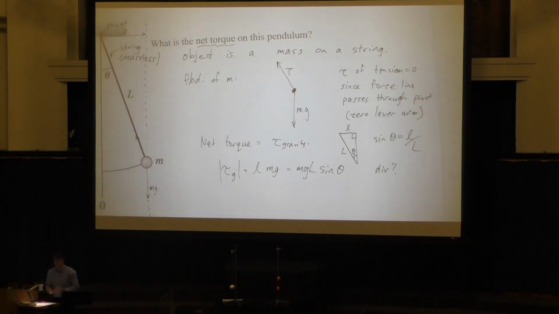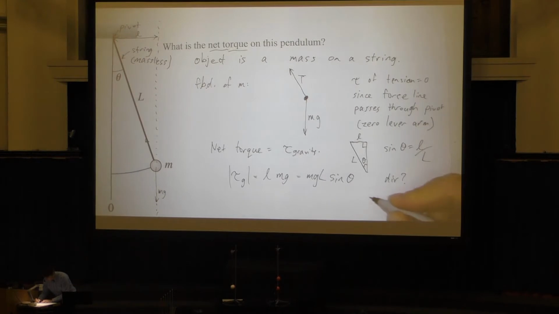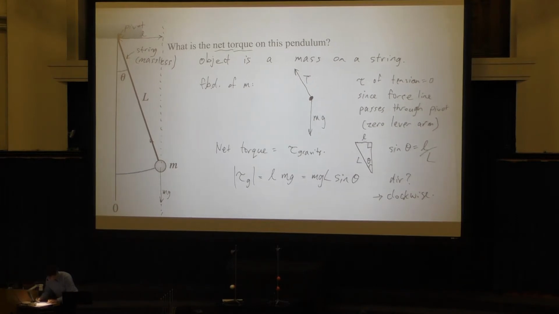So that's clockwise. So it's negative. In other words, the net torque is negative mgL sine theta.